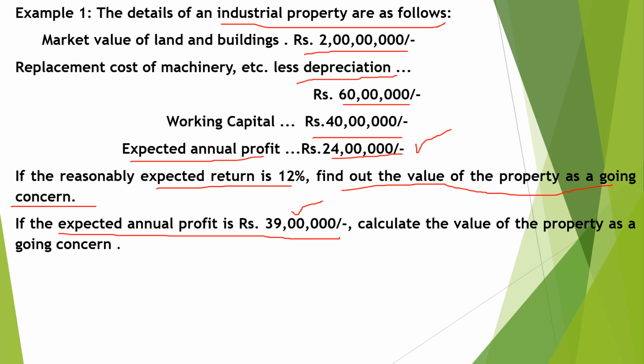So you have to find the value of a going concern based upon the annual profit, and the second thing to keep in mind is the expected return, which is given as 12% in this question.